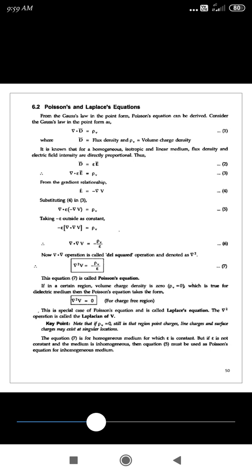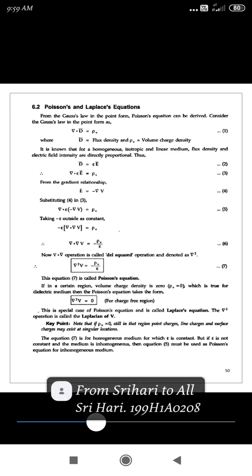From the gradient relationship, E bar is equal to minus del V. Call this equation number 4. Now we substitute equation 4 in 3, and we get del dot epsilon times minus del V is equal to rho v.